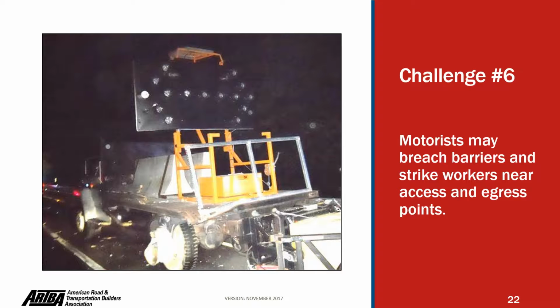So we have another challenge here. Motorists may breach barriers and strike workers near access and egress points. Yep, it is something that, sorry, we have a motorist distraction. Motorists are distracted. We were discussing about it. What can we do to prevent this kind of incident?